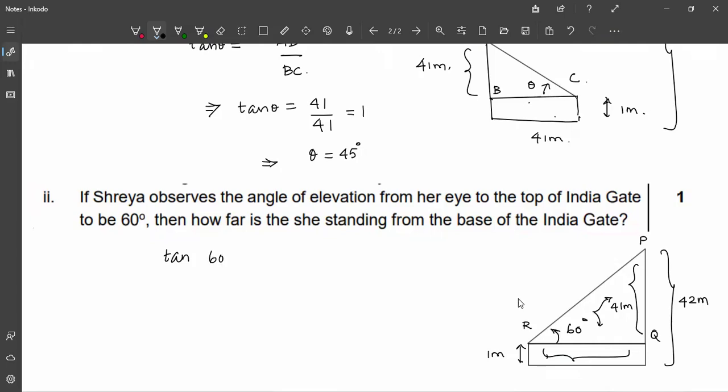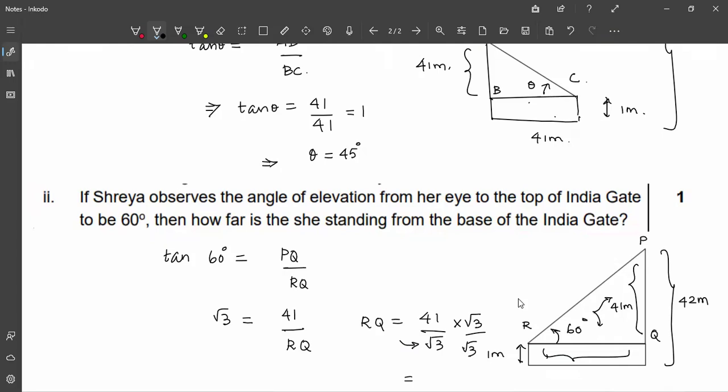So tan 60 is equal to PQ divided by RQ. So root 3 is equal to, the value of PQ would be 41. The value of RQ, we don't know yet. So RQ is equal to 41 by root 3. It's not a good practice to leave an irrational number in the denominator. So rationalize the denominator.